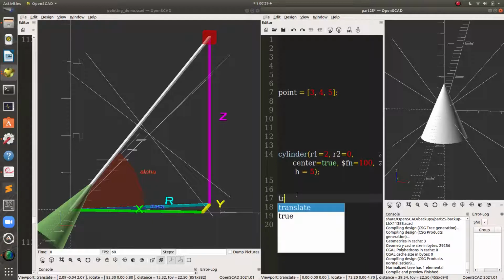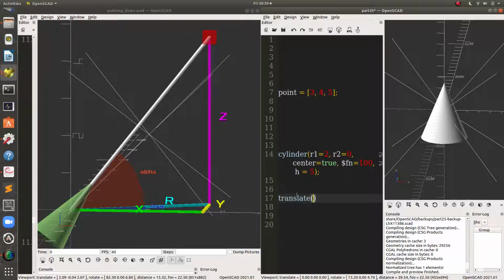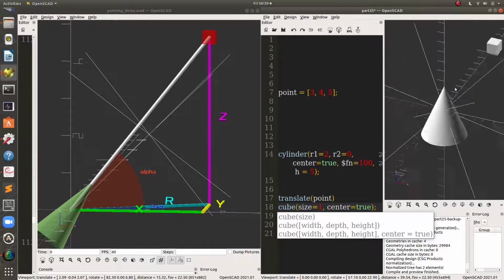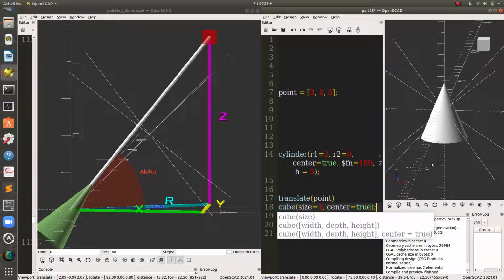Okay, so let's say we have our cone here, and we have our point that's over here, and we want this cone to point at this point, like what's happening in this demo over here.